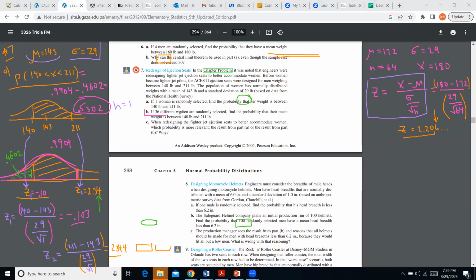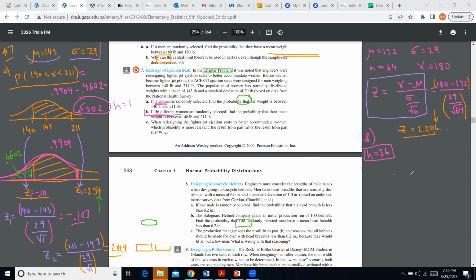Well, there is a part B here that is more related to this particular section that says, what if you also have a sample size of 36? So now instead of dealing just with a 1, we have 36. So it looks like this is going to change our formulas, right?